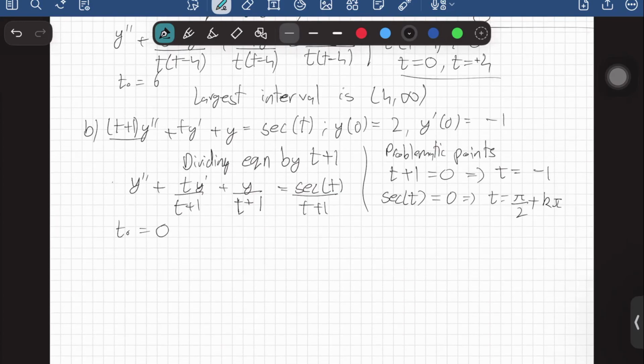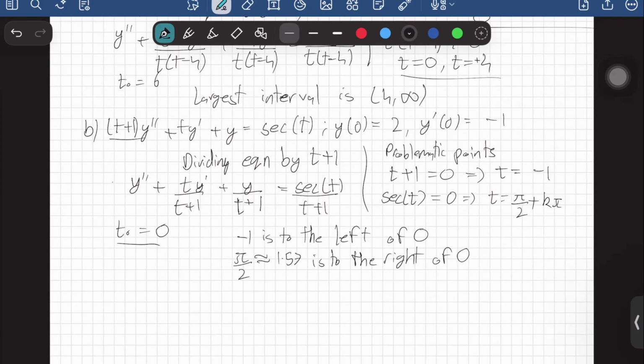So what we know is that t0 at 0 lies between negative 1, because negative 1 is to the left of 0, right? And pi over 2, which is approximately 1.57, is to the right of 0.